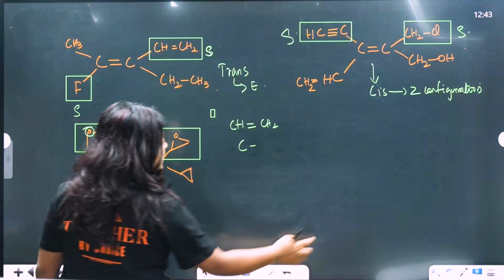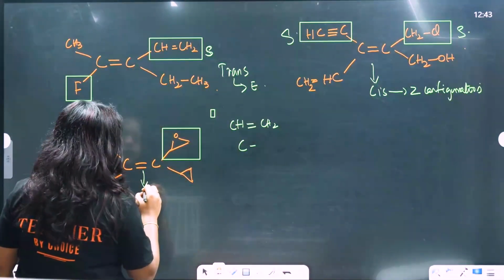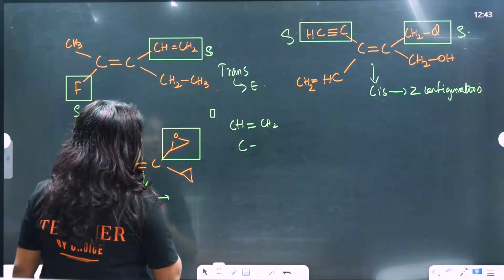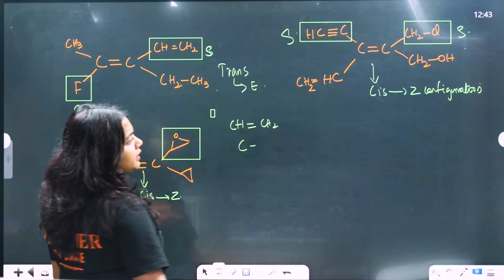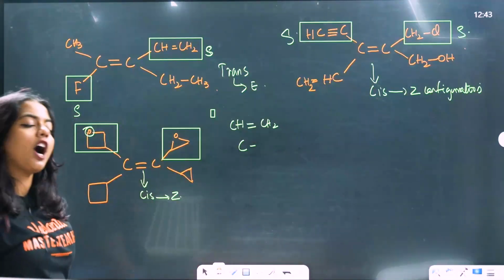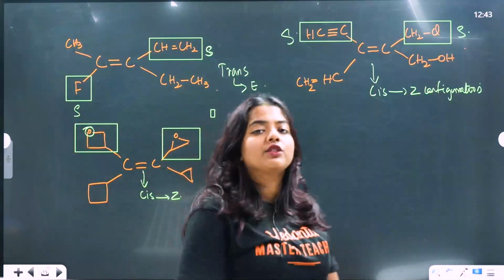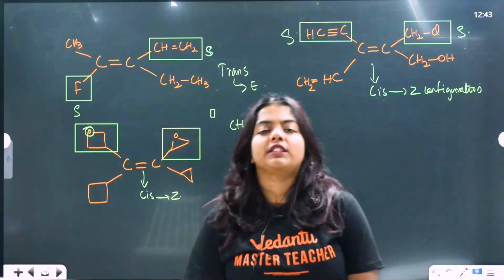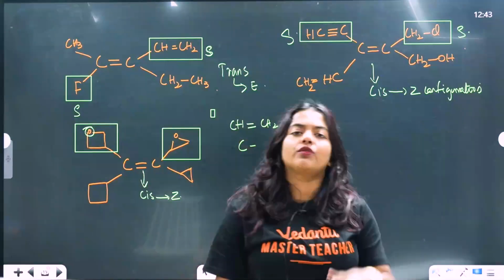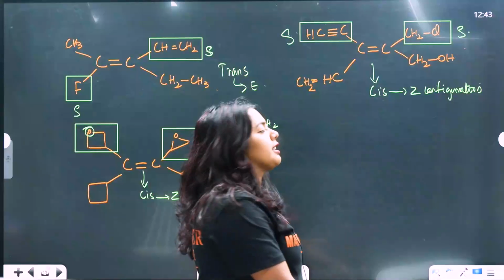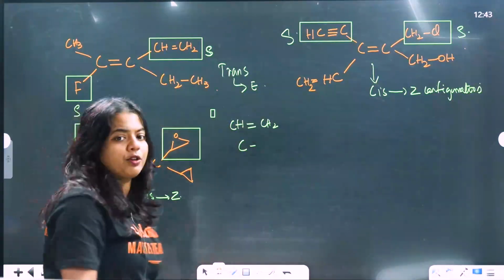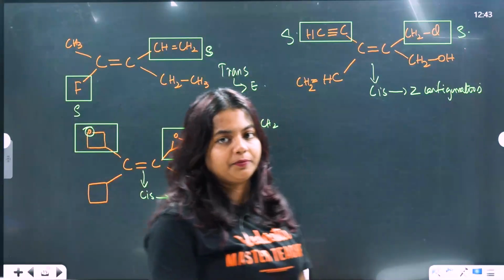Both senior ones on the same side means it will be cis, and that is the Z configuration. So this is how you find out whether it is E or Z. You have to go for the elements with the highest atomic number and check which position they belong to. If they are in the opposite position, they will be trans, that is E. If in the same position, it will be cis, that is Z.